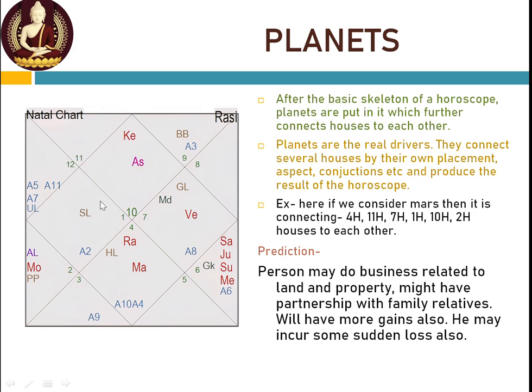So when we see the promise in a chart, suppose we have to see the promise of the 7th house, then Mars and Rahu both are malefic, sitting in the 7th house, and the 7th lord is sitting here. So we see natural benefic and natural malefic when we have to see the promise.